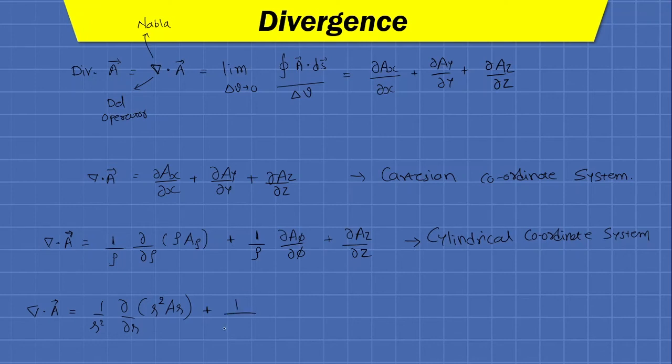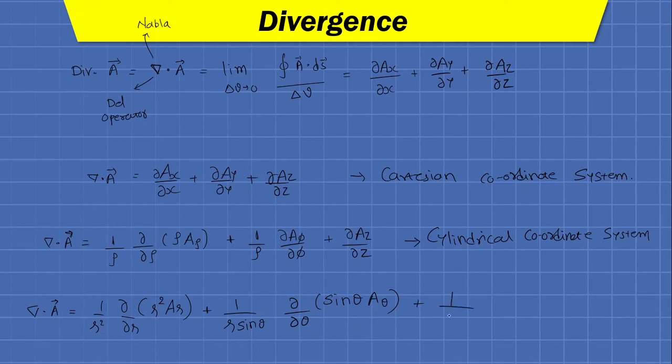Plus 1 upon r sine theta del by del theta of sine theta into a theta. So here also you cannot take out sine theta and cancel with the denominator. You must multiply sine theta with the theta coordinate of the vector, then take the partial differentiation and then divide it by r sine theta. That will be the true process.